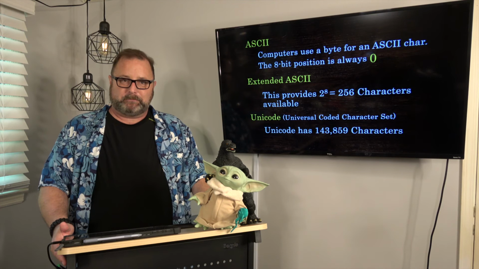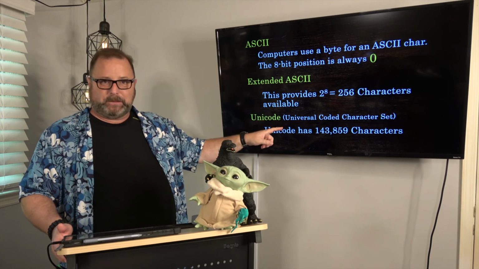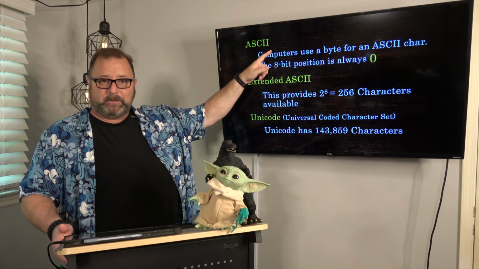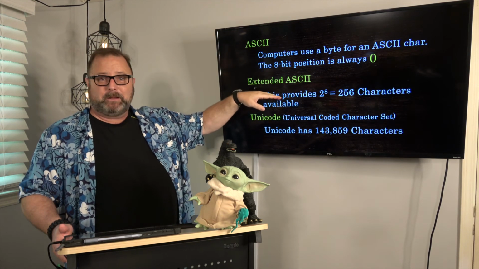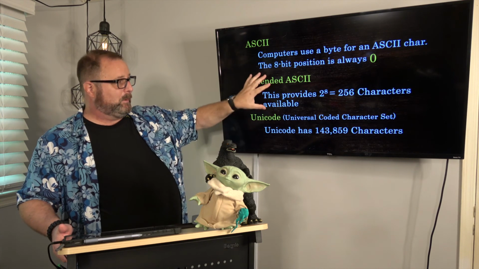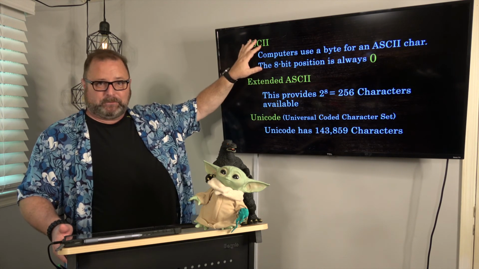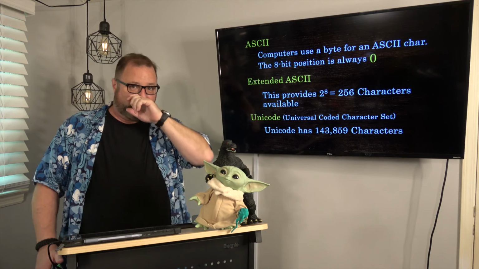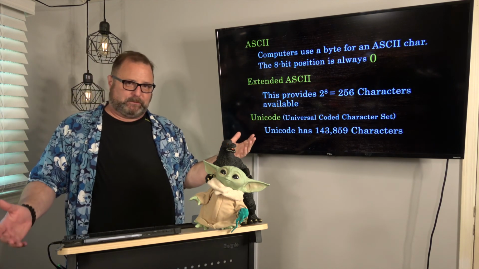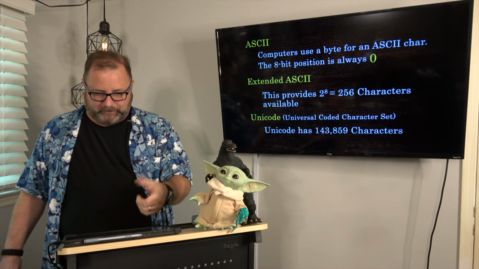And guess what? The code for a lowercase a is the same here, here, and here, because otherwise you'd have to throw these away, and that doesn't make sense. So Unicode contains all of this, which contains all of this, and all of the rest, okay? And that's how it's so seamless in its adoption as far as that goes.